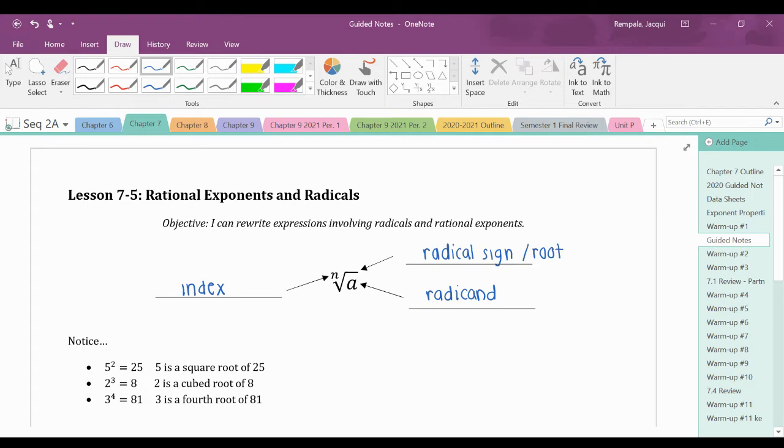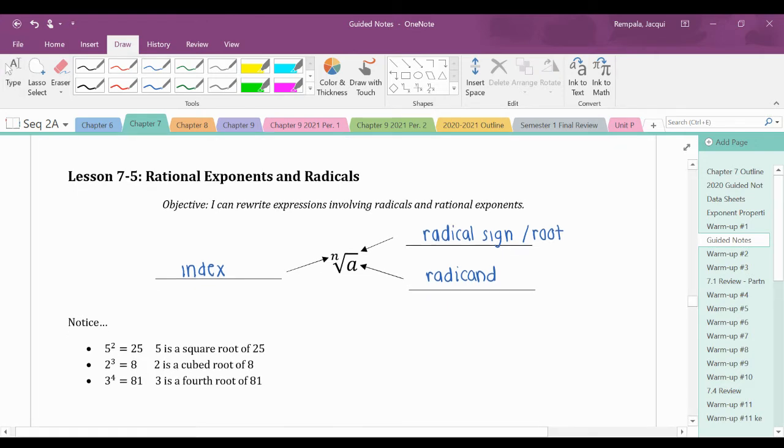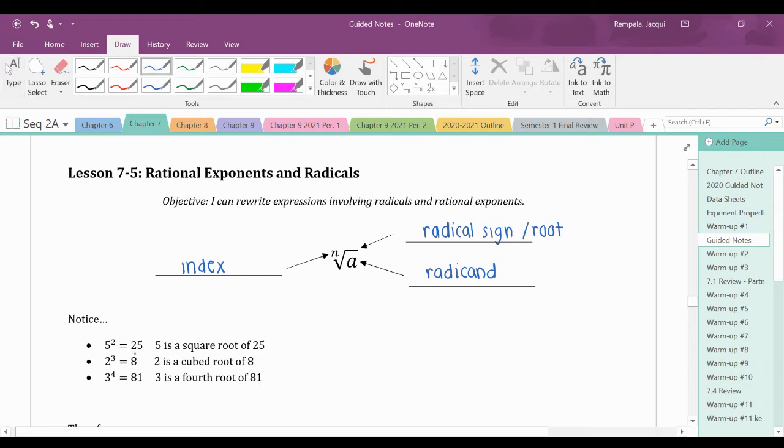Okay, so we're going to be using this radical sign, and there's going to be different numbers for indexes, and we're going to talk about how that relates to this term underneath it. If we notice, we have 5 squared equals 25. We would then say that 5 is a square root of 25.